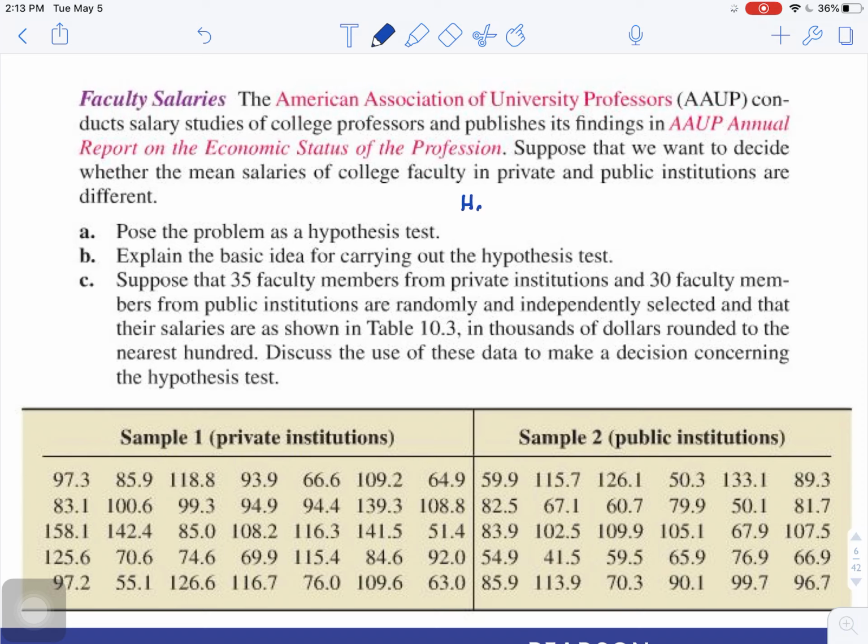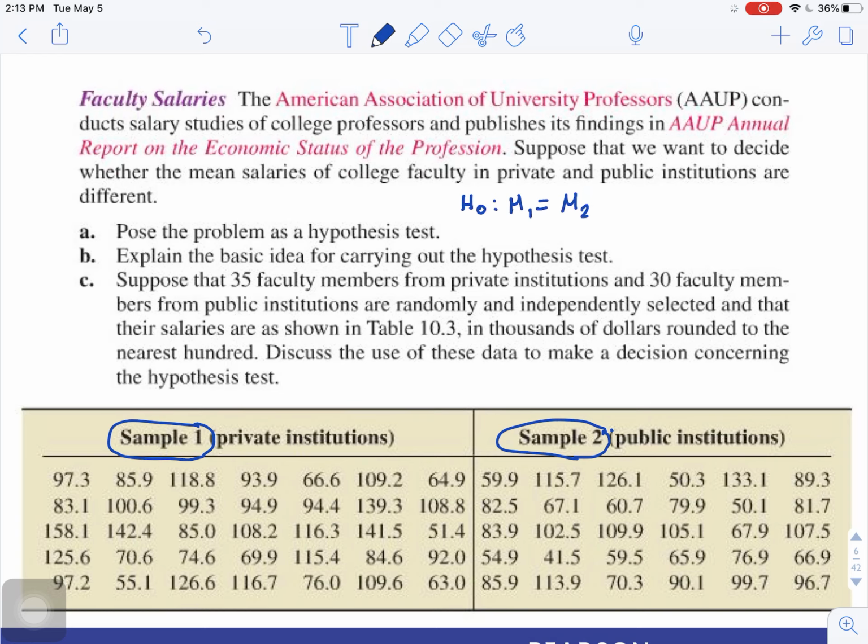So for the hypothesis test, our null is that the average for our first population, sample 1, is equal to the mean salary of the public institutions, sample 2.